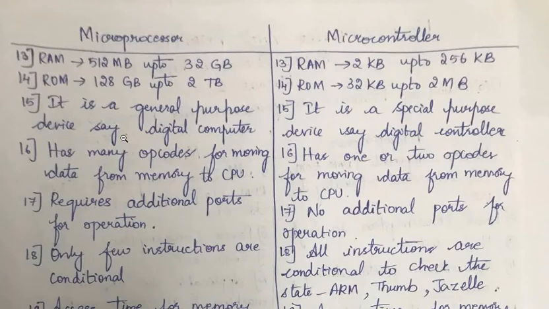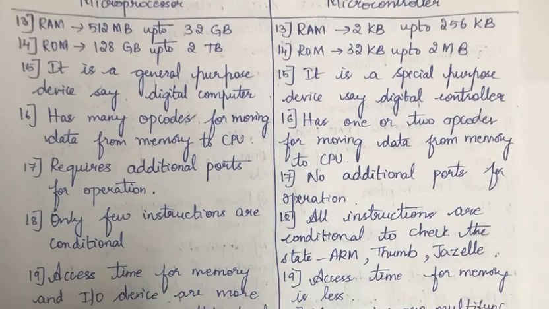It is designed so that almost everyone can use it, whereas the microcontroller is a special purpose device, to be used for one particular thing only. It is specially designed, a special purpose device, say a digital controller.